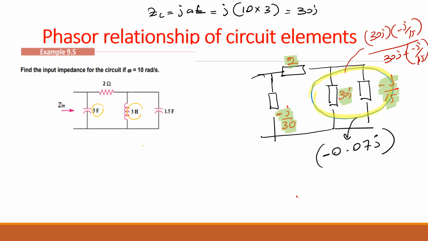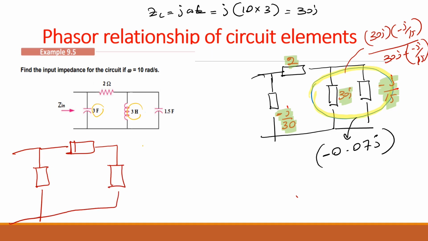And if I redraw the circuit, now we have combined these two, negative 0.07j, and we have 2 here, and we have negative j over 30 here. Now what can you say about these two?